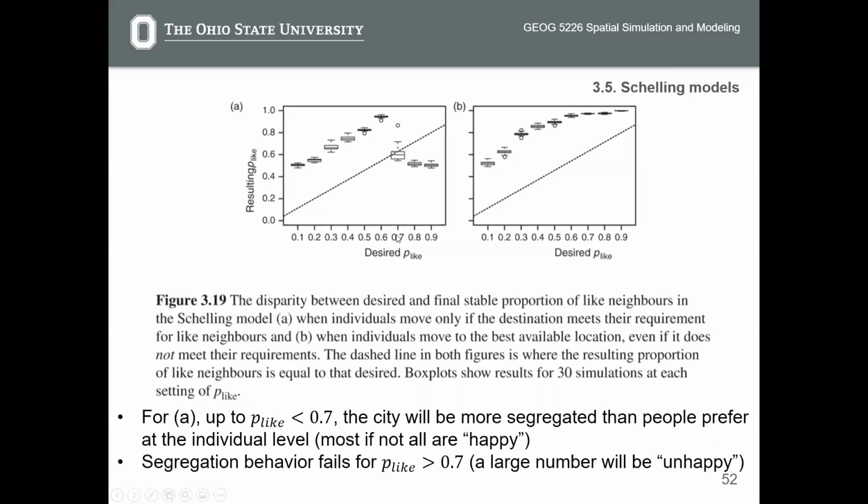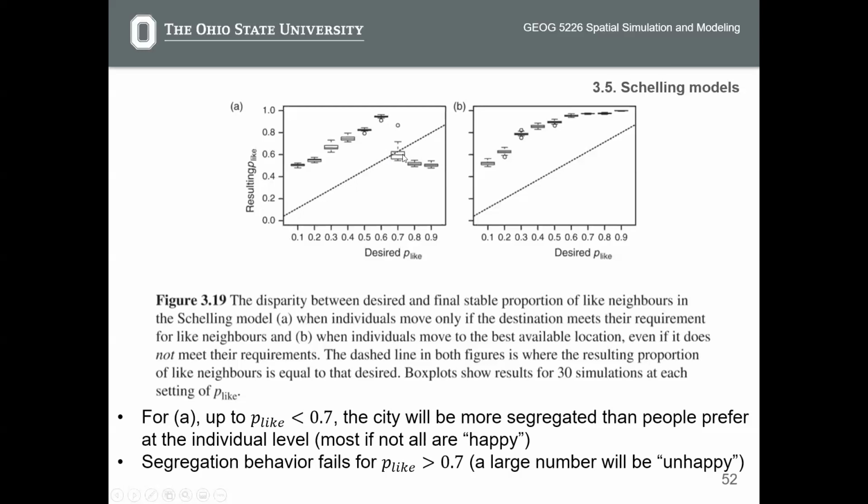But if your desired p-like is too high, 0.7 or even above, and you are following the rule that each individual only moves when the destination meets their requirement, then your resulting p-like will be relatively low, even below the dashed line where desired p-like equals resulting p-like.